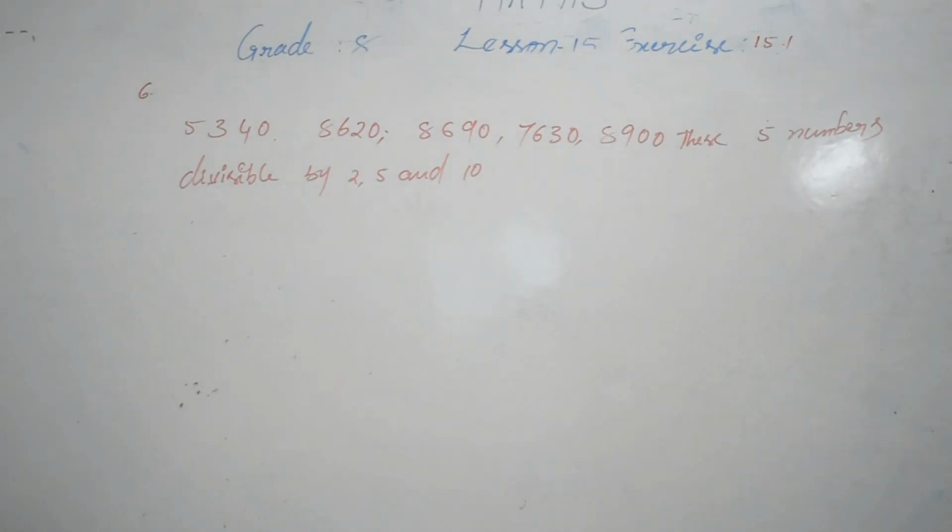Next one. A number 34a is exactly divisible by 2 and leaves remainder 1 when divided by 5. Find a.